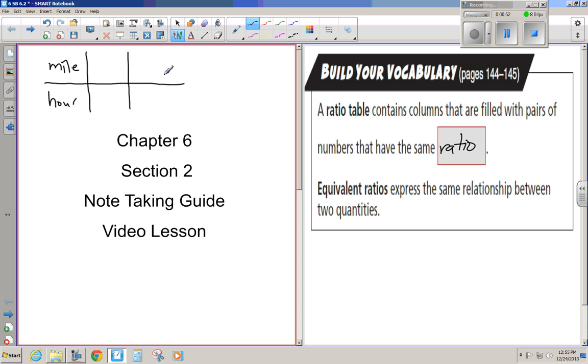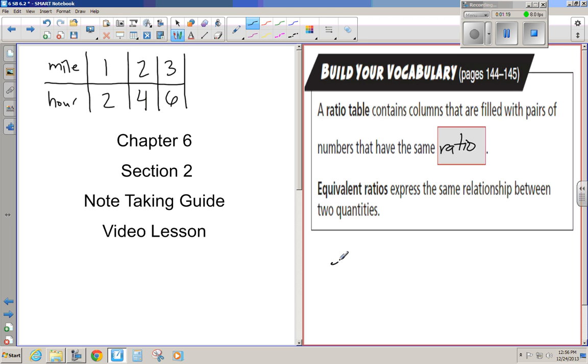You could have 1 mile for 2 hours. That's 1 to 2. Then you'd have 2 miles, which would be 4 hours. That's still 1 to 2. Or 3 and 6. That's still 1 to 2. These are all equivalent ratios or equivalent fractions. So that's basically what these will end up being.